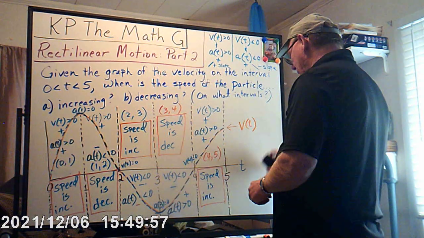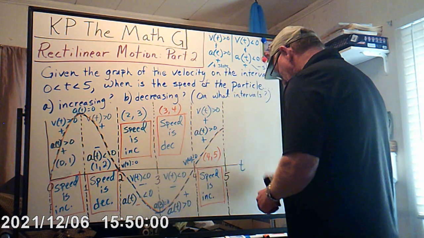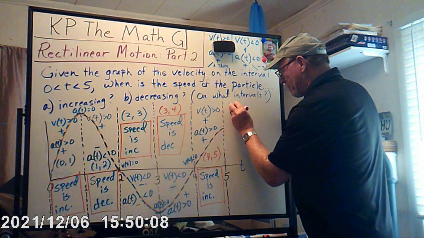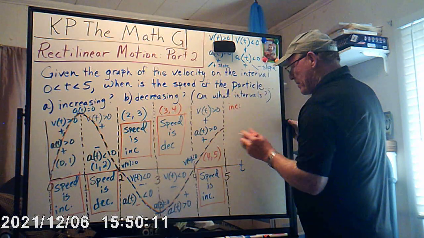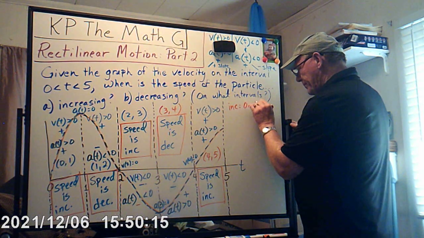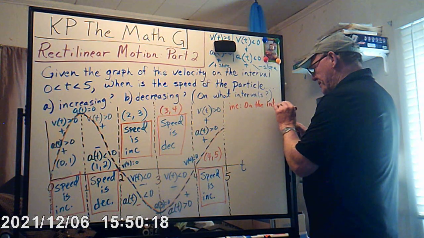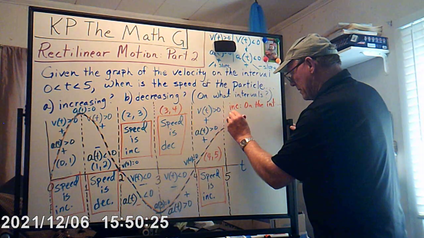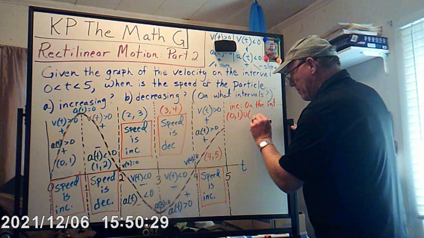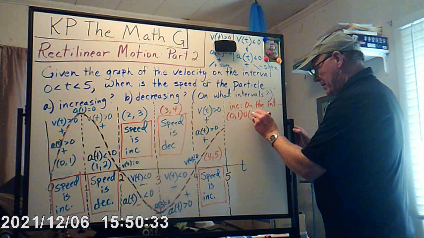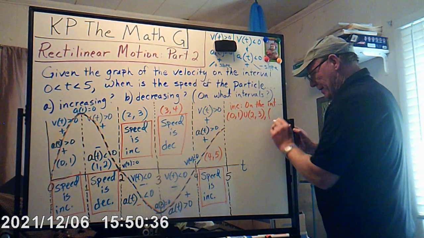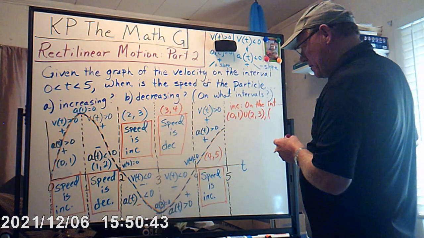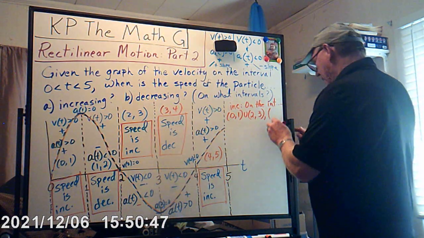So if you had to write this out, the speed is increasing on the intervals between 0 and 1, union with 2 and 3, union with 4 and 5.